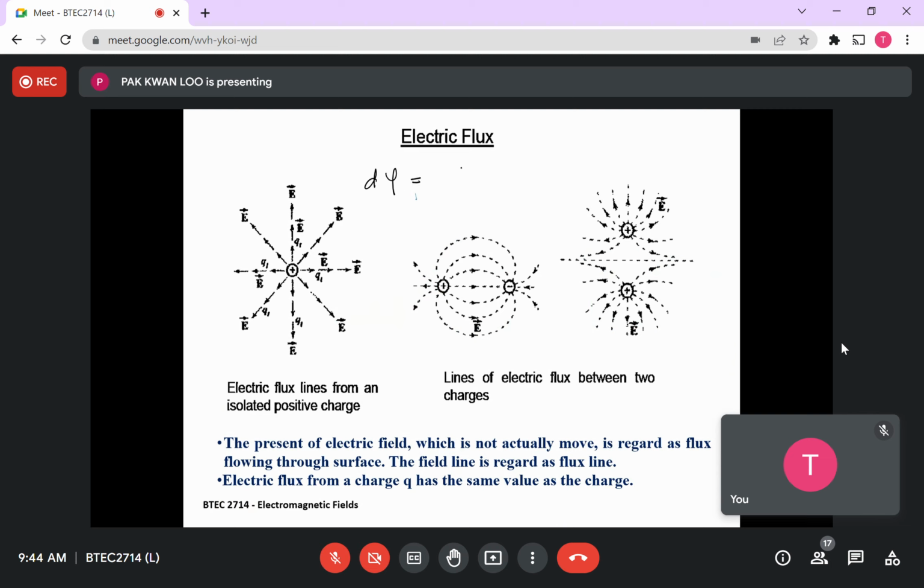This psi is D times some surface, right? Some small area. Okay.